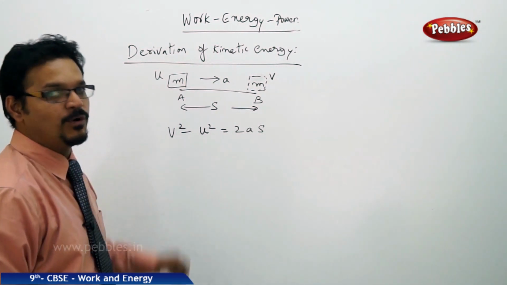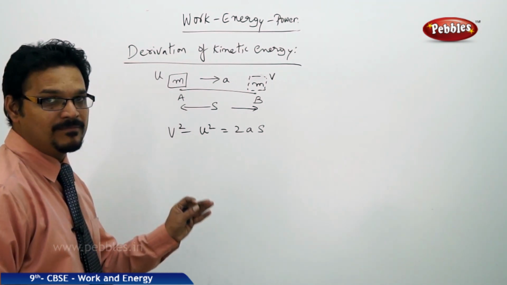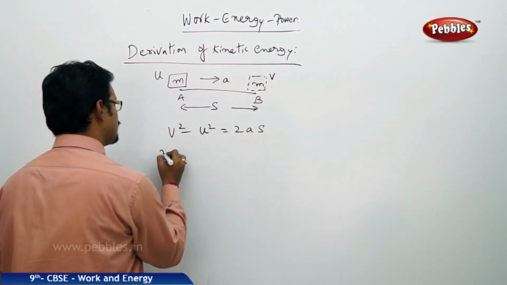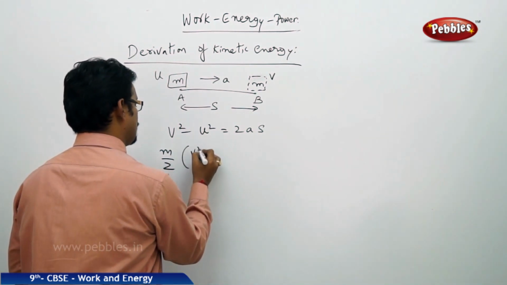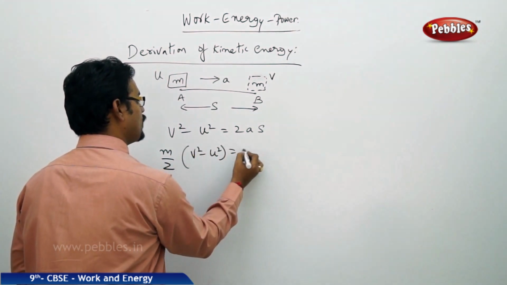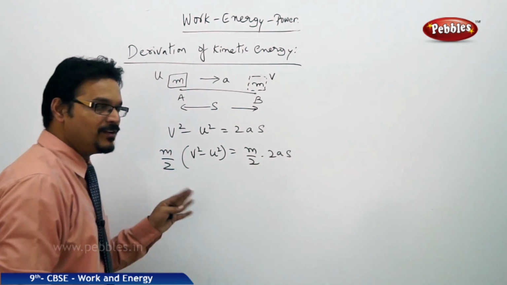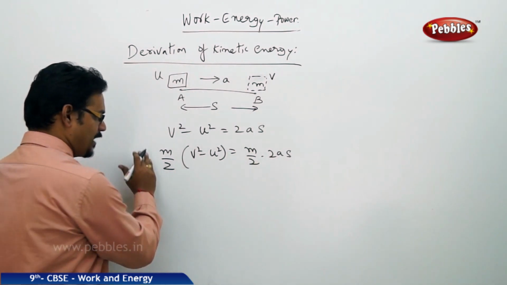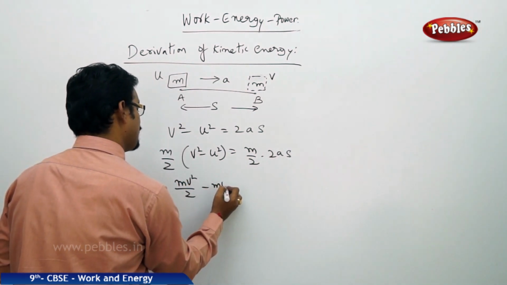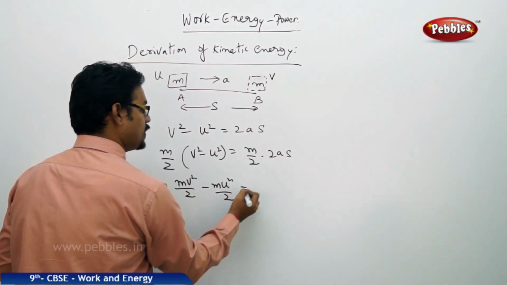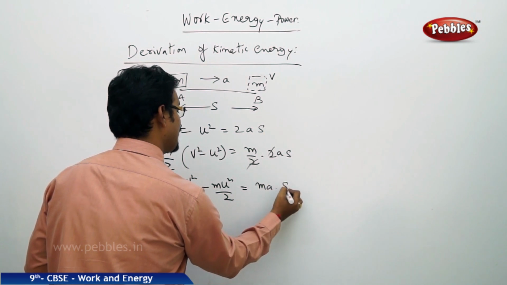So this equation we know already, we learned. Now you multiply both sides by m divided by 2. So m by 2, which is half the mass, into v square minus u square equals m by 2 into 2as, so that the value doesn't change. Now if you take m by 2 inside, you will get mv square by 2 minus mu square by 2 equals, the 2s cancel, ma into s.